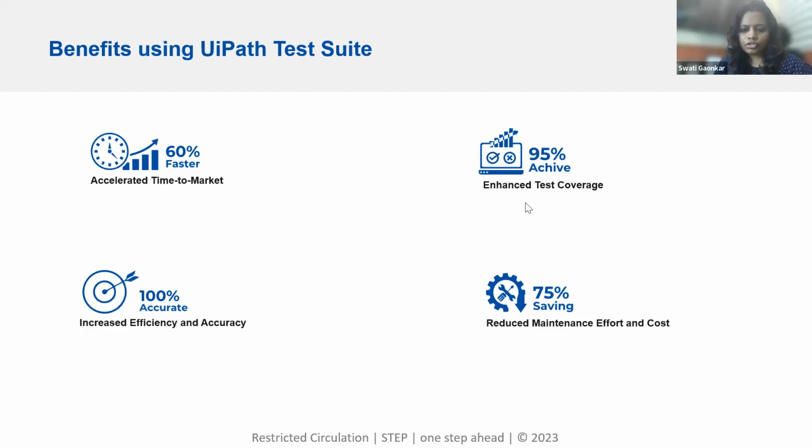I'm just checking the chat window. So Vidhi is asking, are you going to cover the roles and licenses required for the test execution? Definitely, Vidhi. Let me open that page.